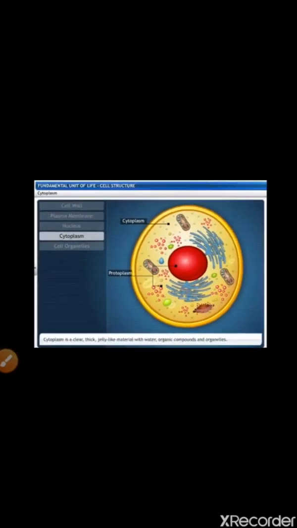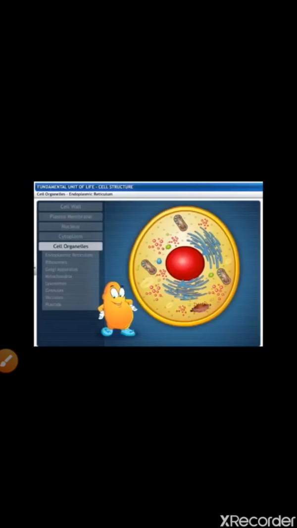Now let's see in the next image. We can say that cytoplasm helps in the exchange of material between the cell organelles.